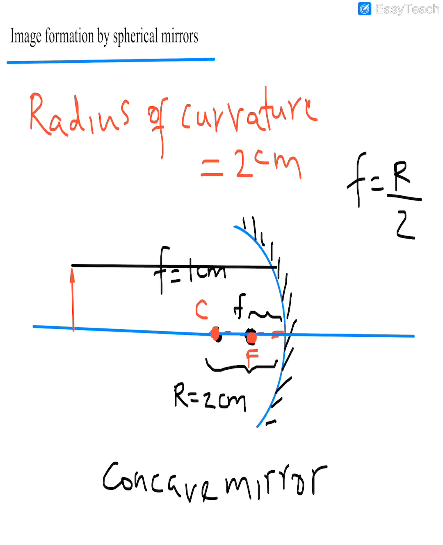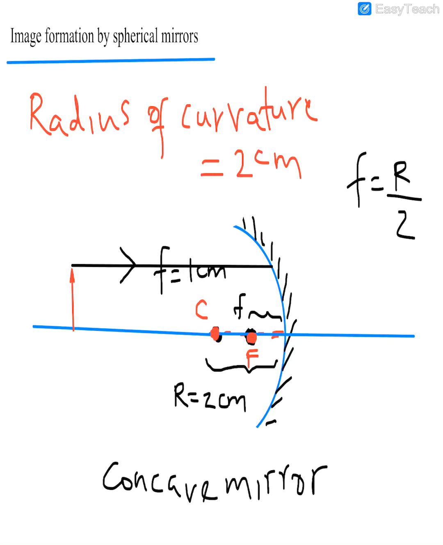What happens after reflection? Since it is moving, I will mark an arrow here. What happens for this ray? After reflection, it will pass through the focus, isn't it? You can see this light ray is parallel to the principal axis. So after reflection, what is the rule? A ray which is parallel to the principal axis, after reflection it will pass through the focus.